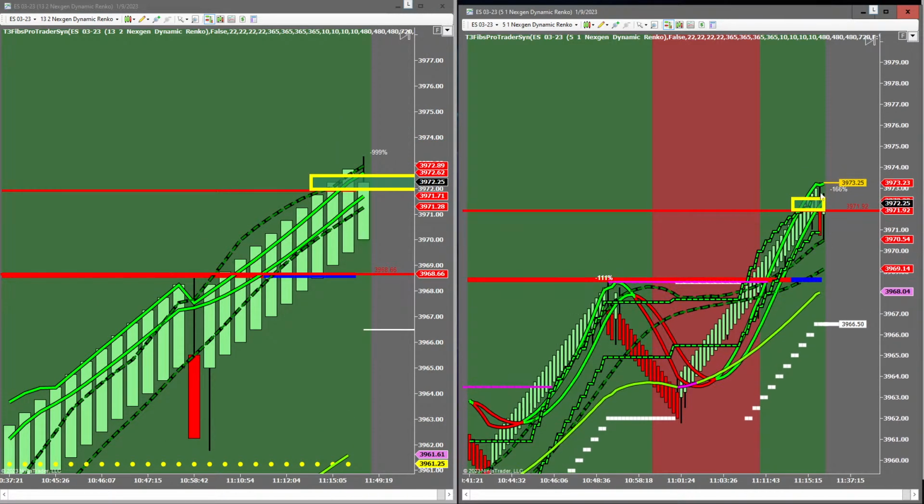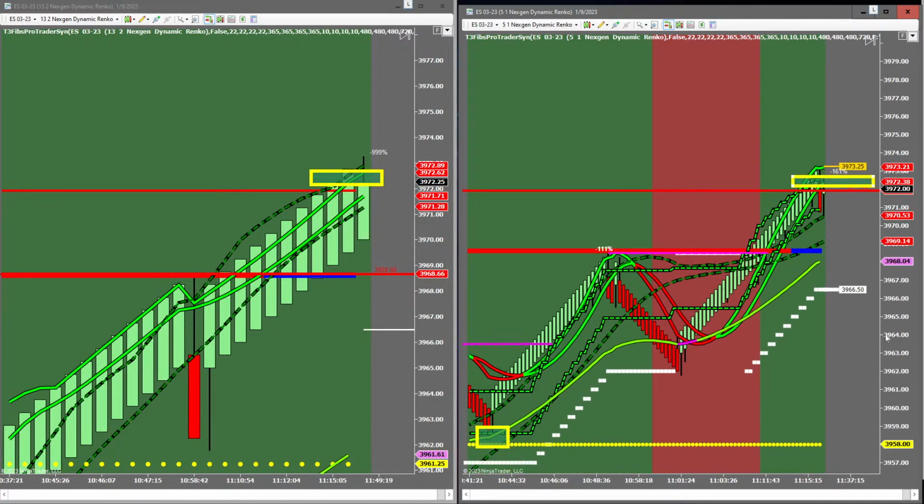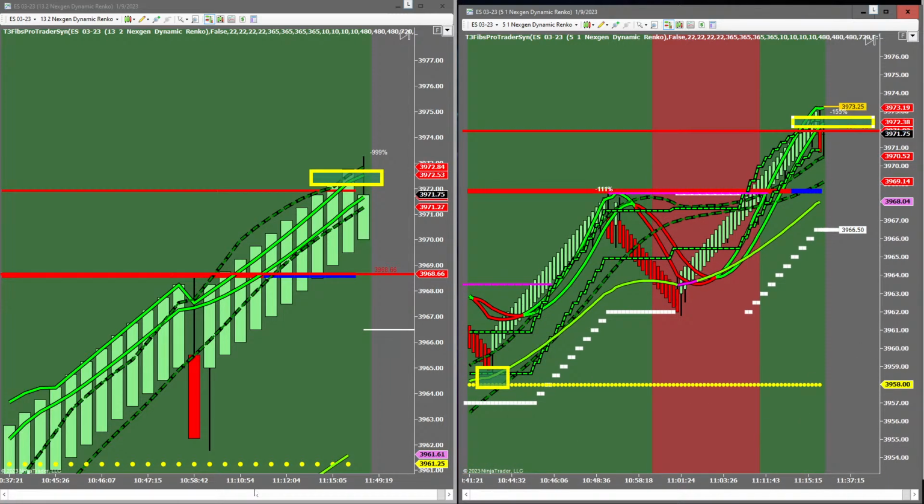So it's the line in the sand that it's going to have to break in order to keep going up, or it's going to have to cause all the trigger lines to roll down before we start going short. So we're in the hurry up and wait spot right now. Now, could it keep going up? Sure, I have no clue what it's going to do.